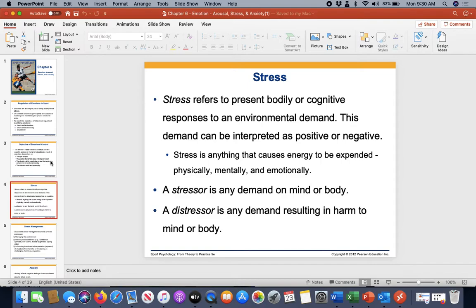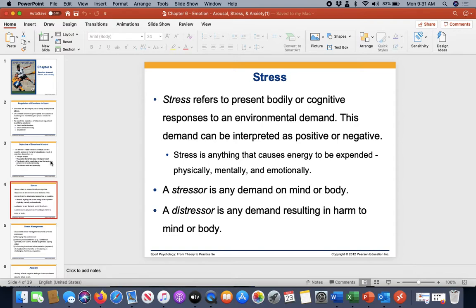Maybe the position that they play doesn't warrant contact, but you have a player on the other team who has shown more contact. That can cause stress, both physical and mental. So it's really difficult for certain situations where a player or an exerciser is not used to a certain situation, and the stress level typically will increase.